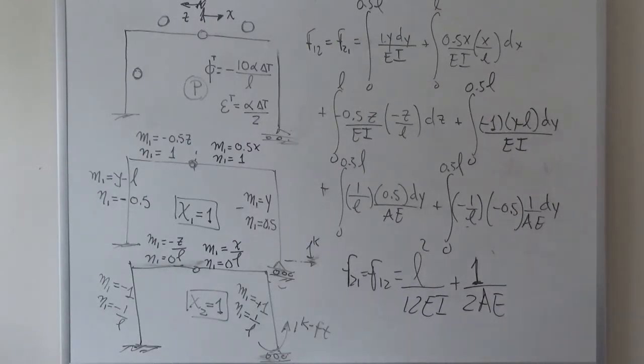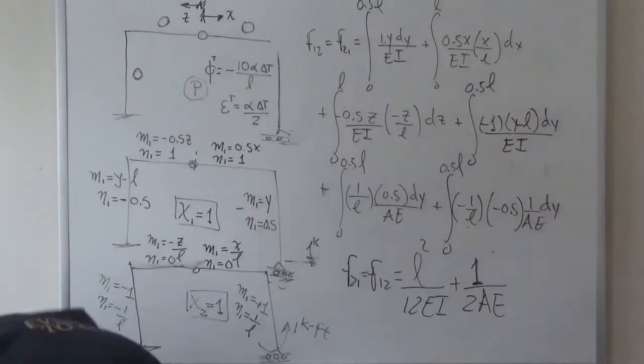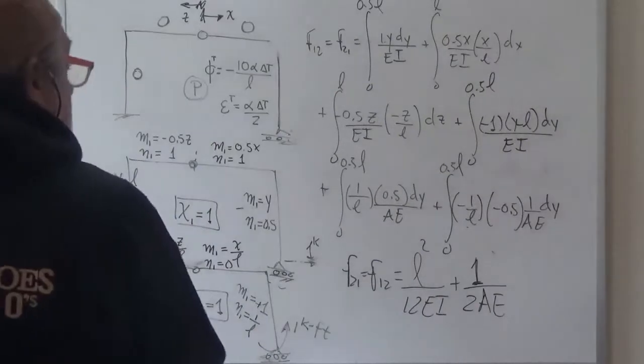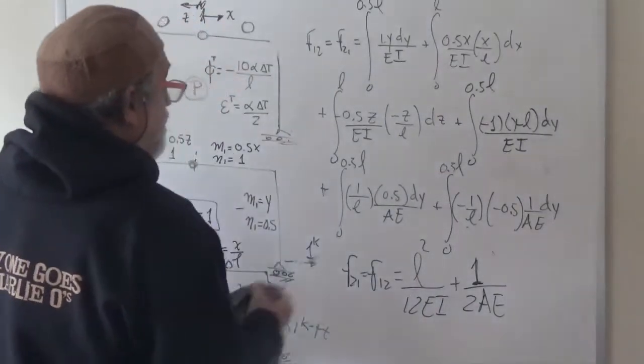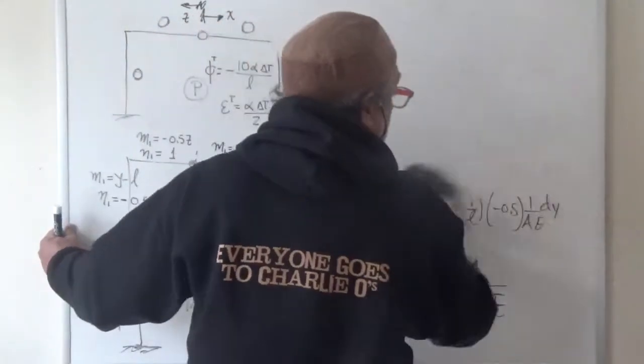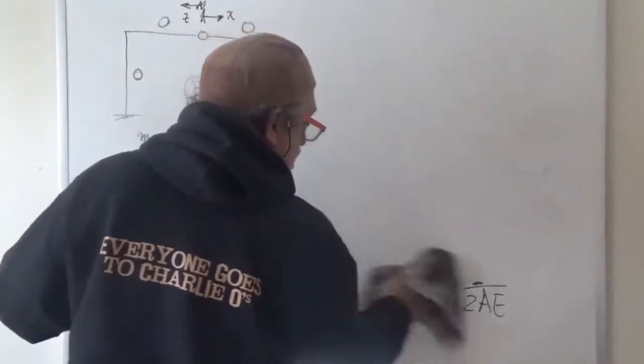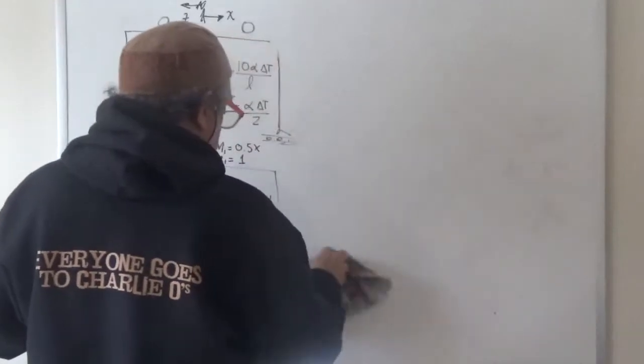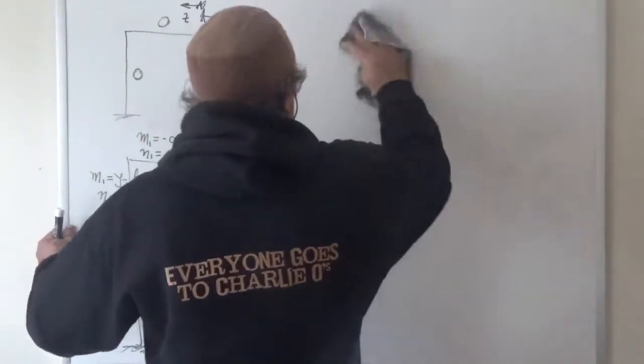Okay? Now, at this point, what you do is you check your units. You substitute units on all your variables, and at this point or sometime along the way, make sure that what you're getting is consistent, right?